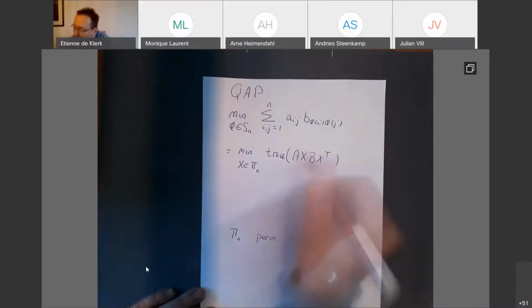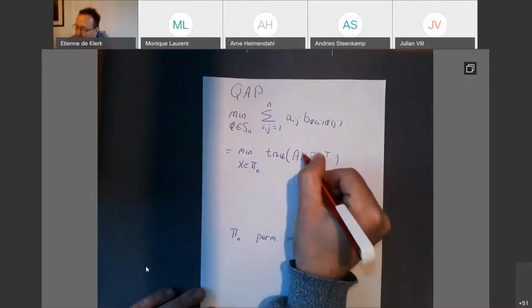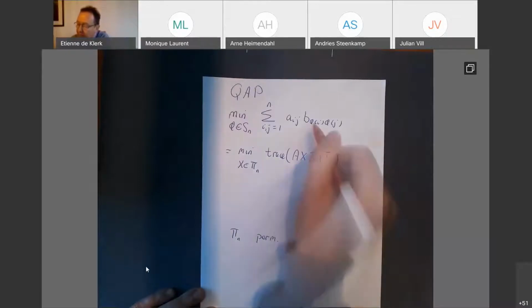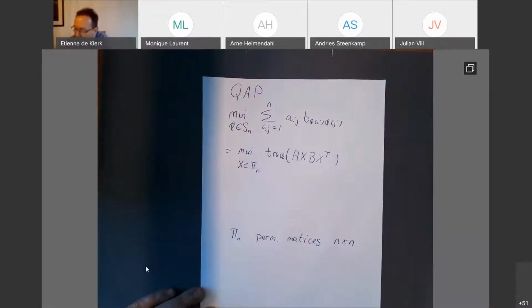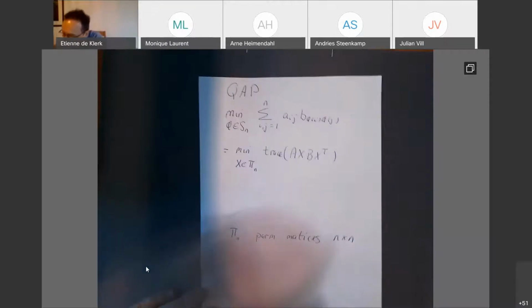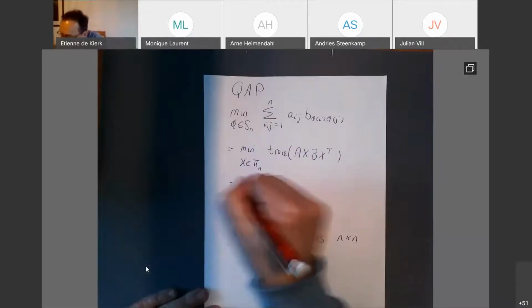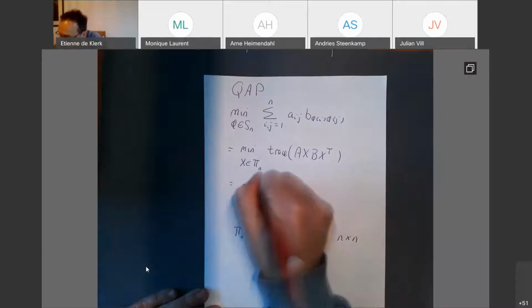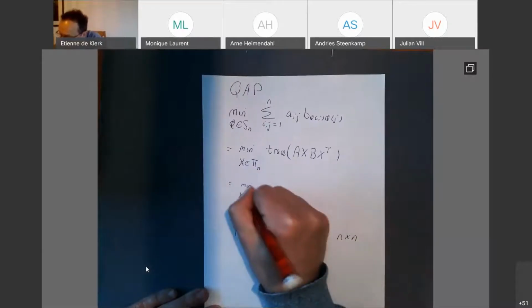We just make sure that the permutation matrix X corresponds to the permutation phi. And then, using properties of the Kronecker product, we can rewrite this again as follows.